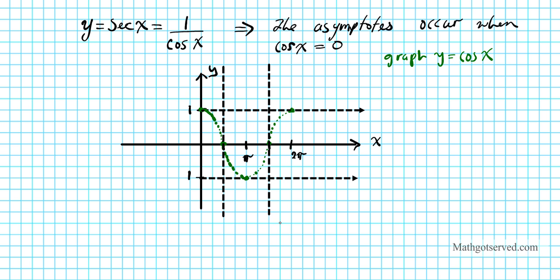Now, to graph the secant curve, we're just simply going to draw a curve like this. It's similar to a reflection of this, but it gets close to the asymptotes without touching it. So you draw a curve like that, going up. And then on this piece right here, you flip it downwards, and then you have a curve going like this, and then a curve going like that. You get close to the asymptote, but you don't touch it, and then you reflect this going up.